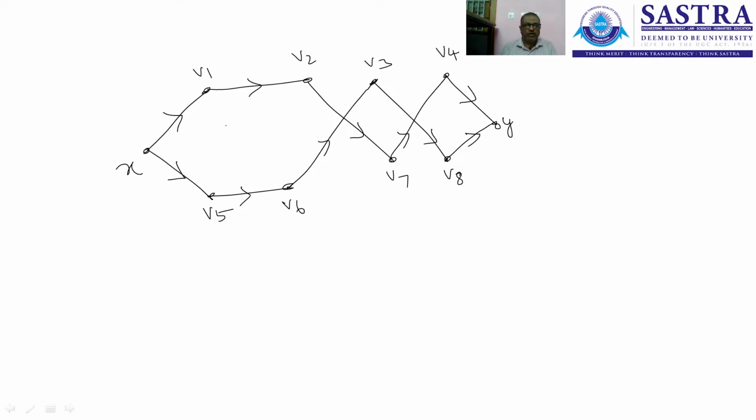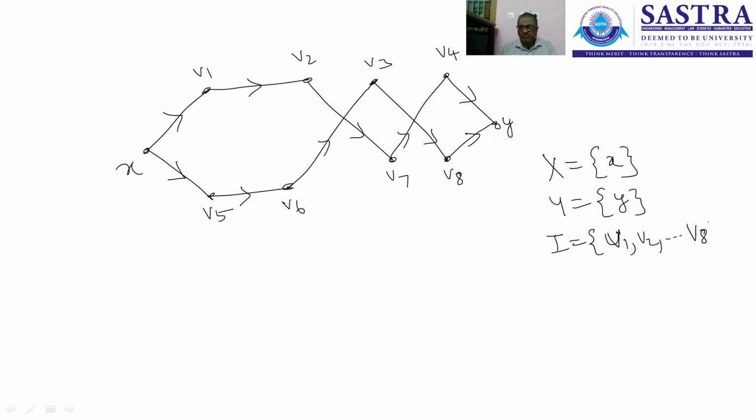So your origin X is small x, the sink Y is small y, and the intermediary vertices are V1, V2, and so on, up to V8. Here I am not giving you the capacity.